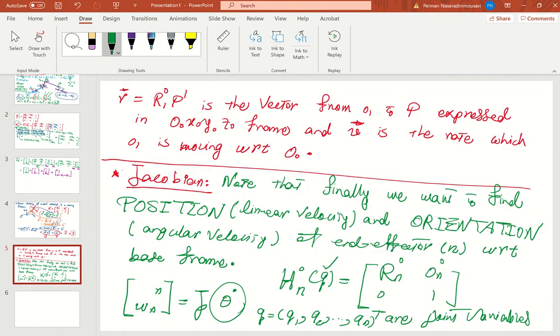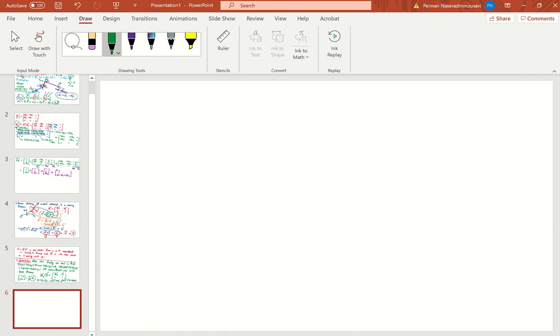Linear velocity means v. As I said, we want to have x dot, as we had in the first class and the previous class, equal to the linear velocity of the n vector with respect to the base frame, and the angular velocity of the n vector with respect to the frame, which, remember, was J q dot.